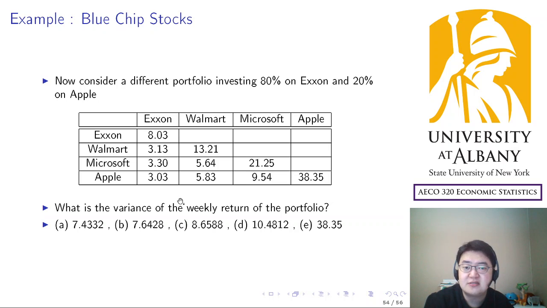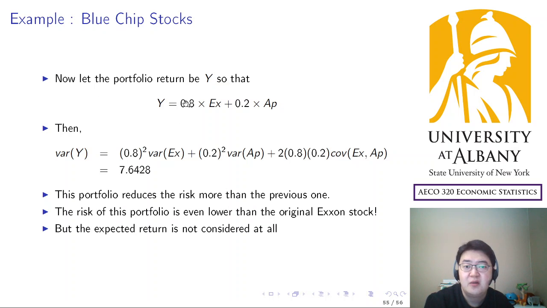The variance is calculated this way: 0.8 squared times variance of Exxon, 0.2 squared times variance of Apple, and then 2 times 0.8 times 0.2 times the covariance. If you plug in the numbers, I do not show them, then you get 7.6428.